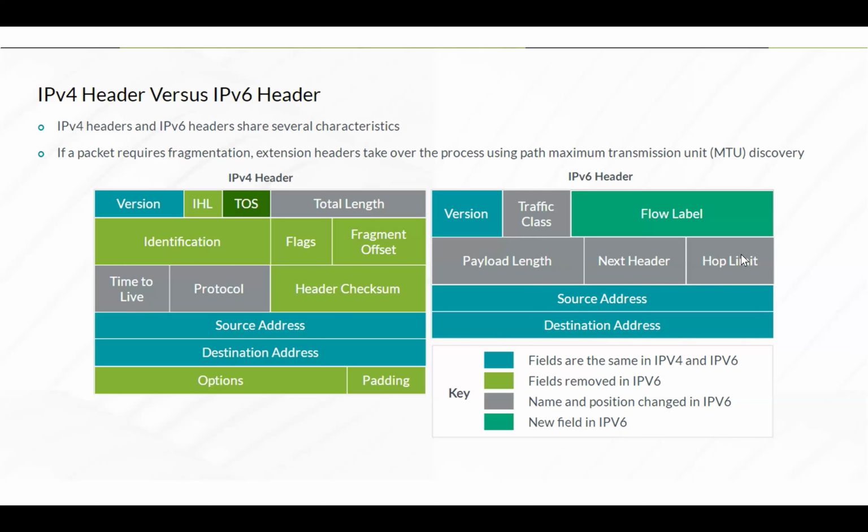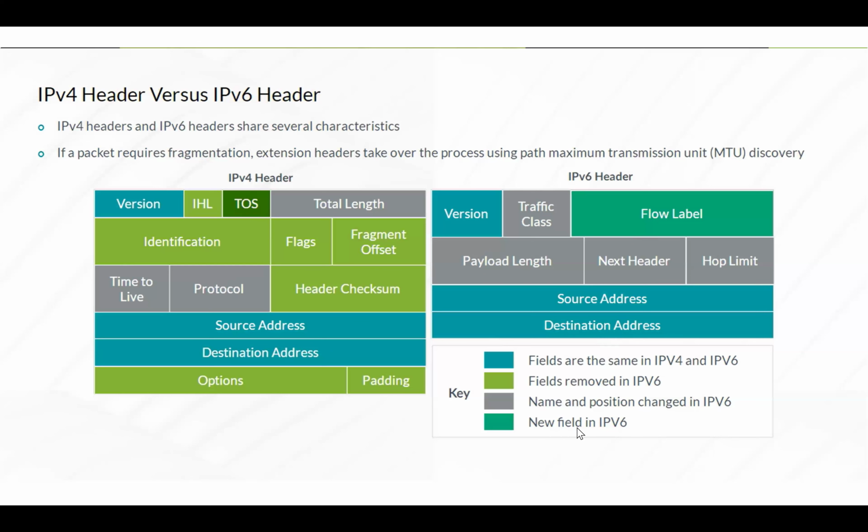Time to live means hop limit. Protocol will be included in next header. Okay. And traffic class is equal to type of service.